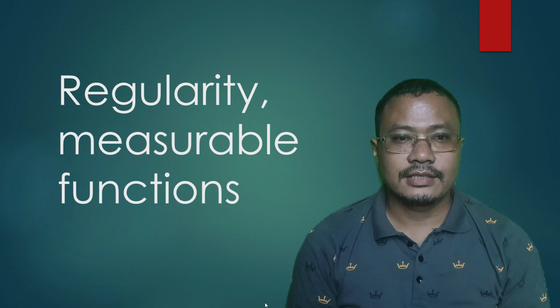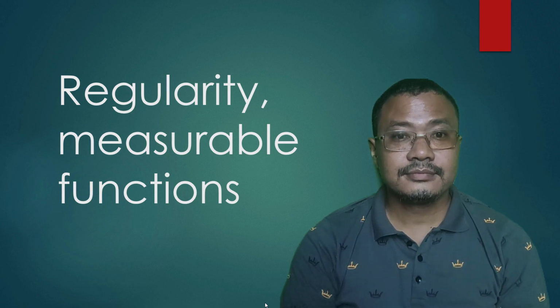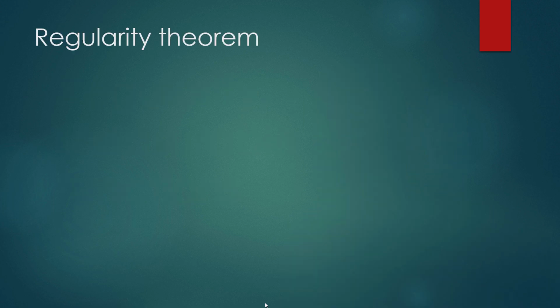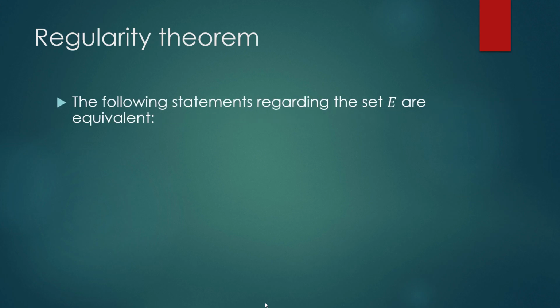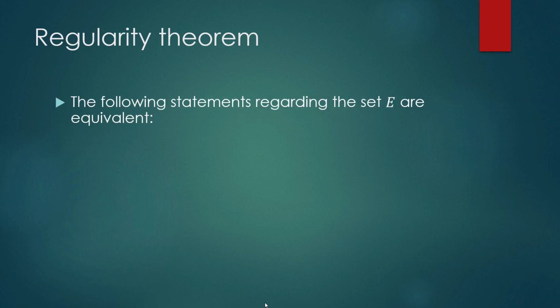So let us see regularity. We are going to prove an important result here. The following statements regarding the set E are equivalent. Statement one: E is measurable.